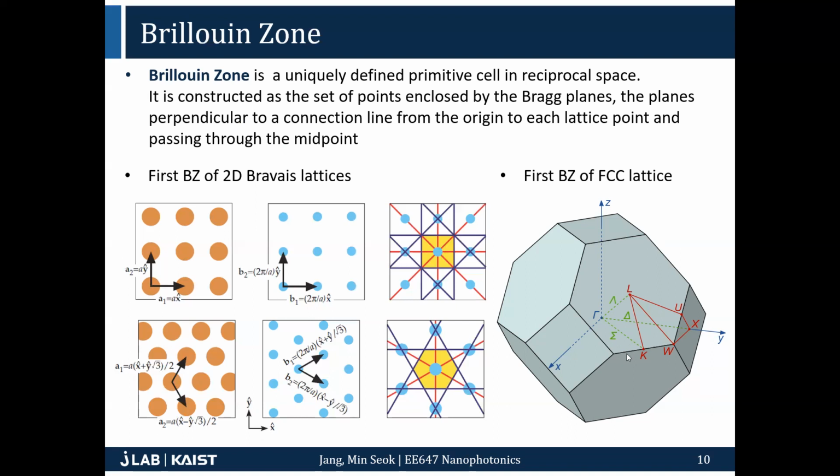For instance, K is the midpoint of this line, W is a corner, X is the midpoint of this surface, and U again is the midpoint of this edge. So these high symmetry points have their own names, but you don't need to memorize those. What's useful is gamma. Gamma is always used for the zero k vector.